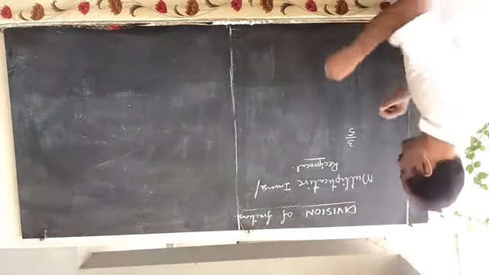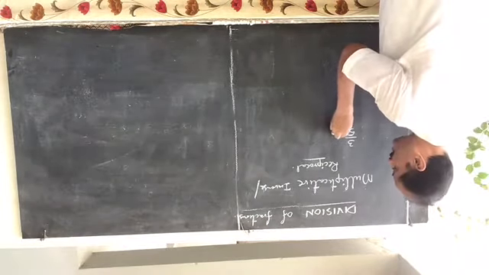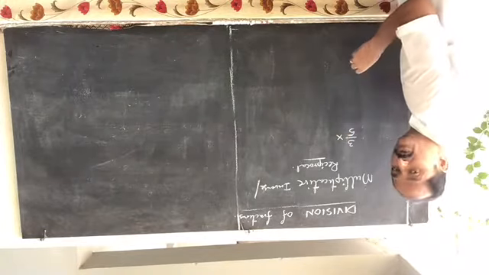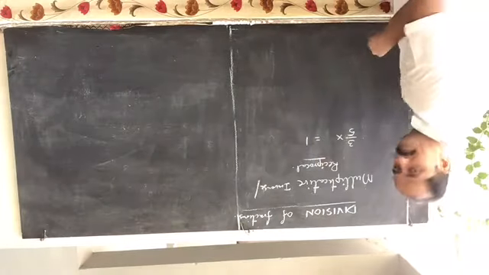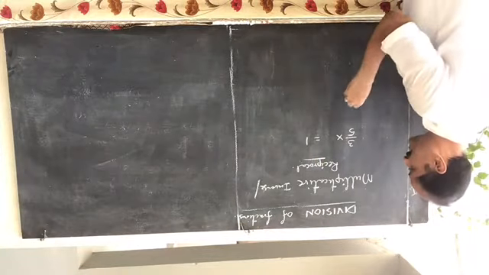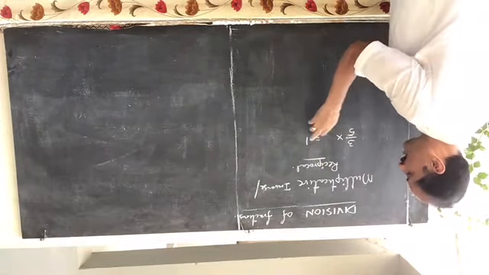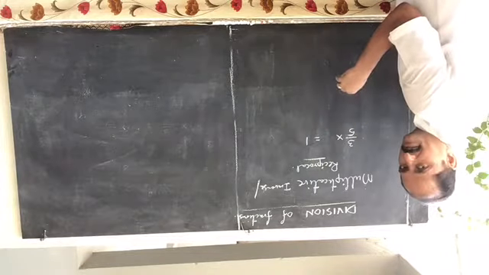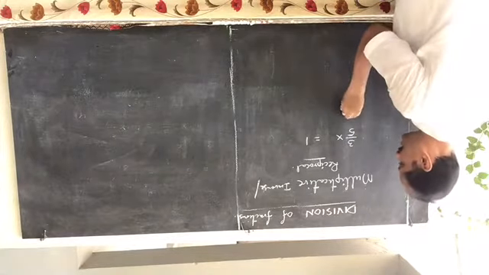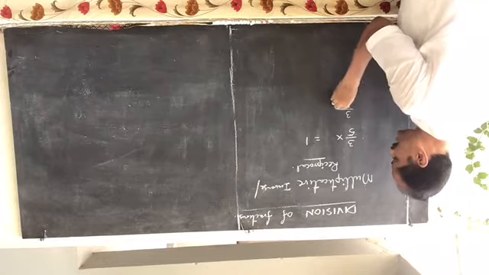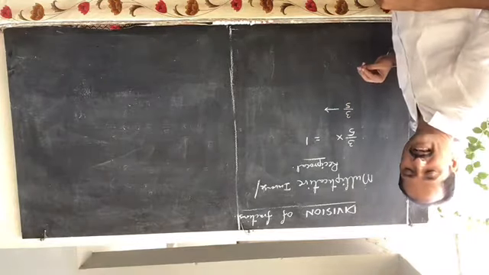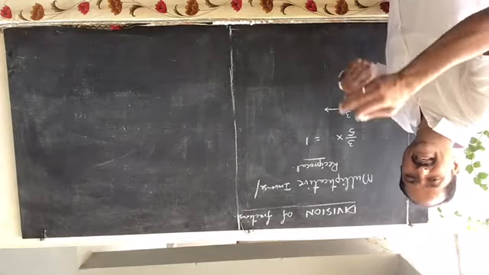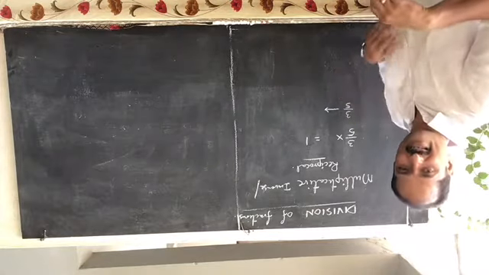That means 3 by 5 into how much gives 1, that is called its reciprocal. That means what you have to do is 1 divided by 3 by 5. The reciprocal can simply be written by changing the numerator and denominator.